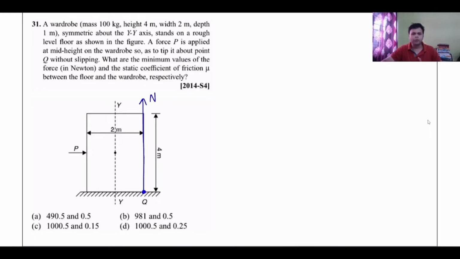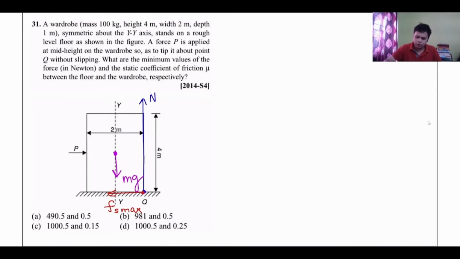So the normal reaction will pass through point Q. There will also be friction, acting through point Q, and at limiting condition the friction is the maximum static friction. What other force is there? There is the weight, mg, of the block.